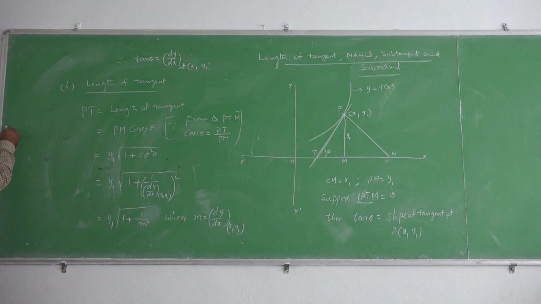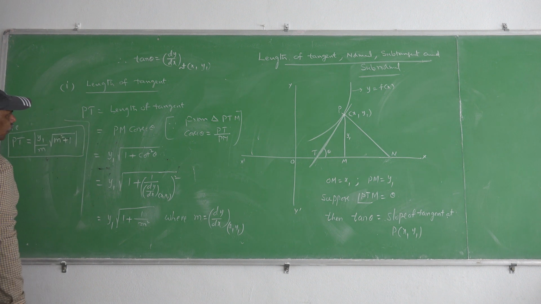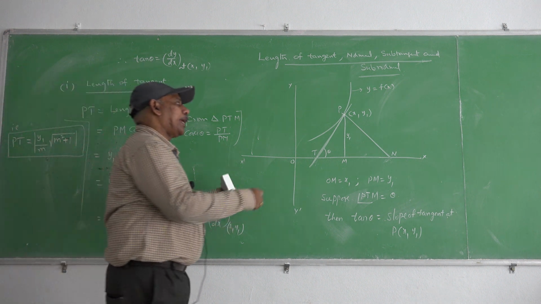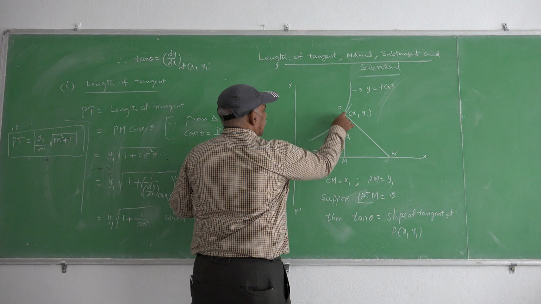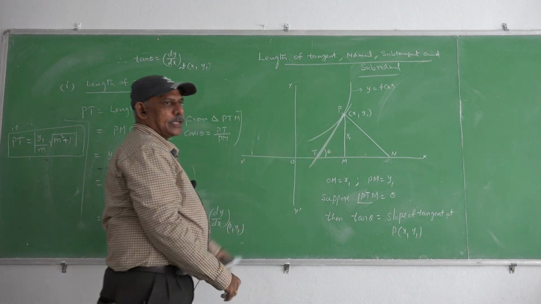That is, PT equals, in formula, modulus of y1 by m into the square root of m square plus 1, which is the formula for finding the length of the tangent.